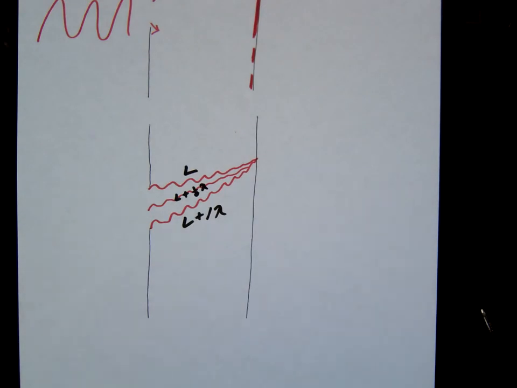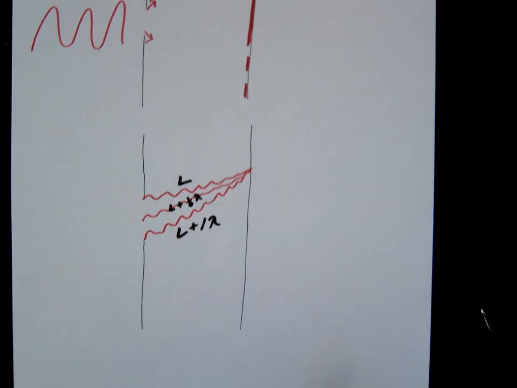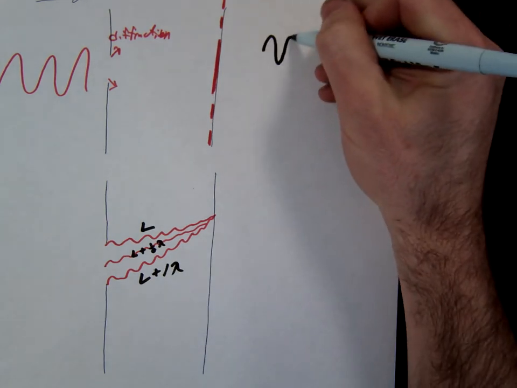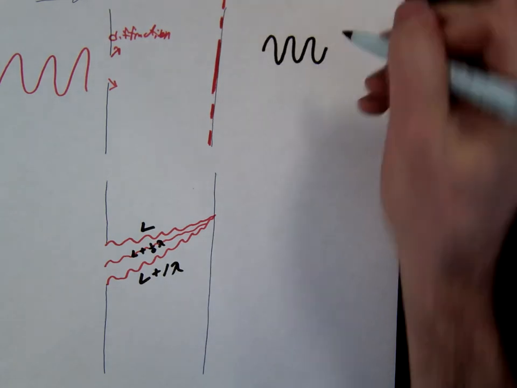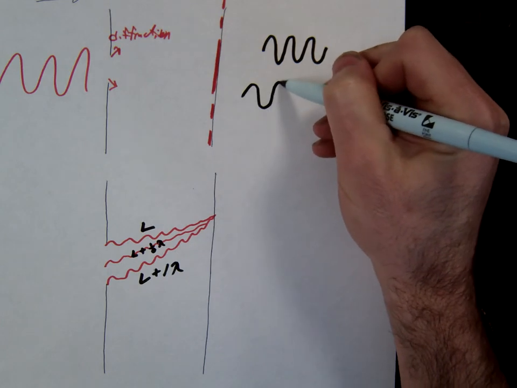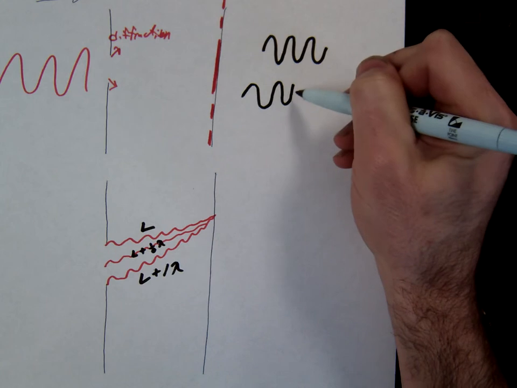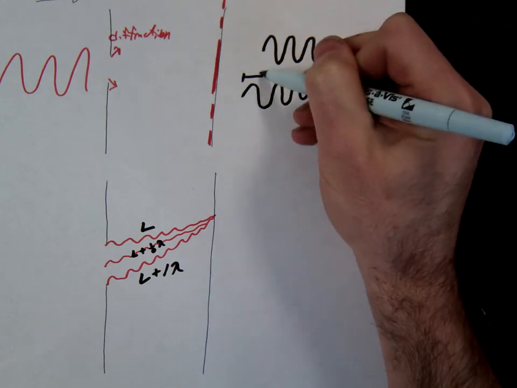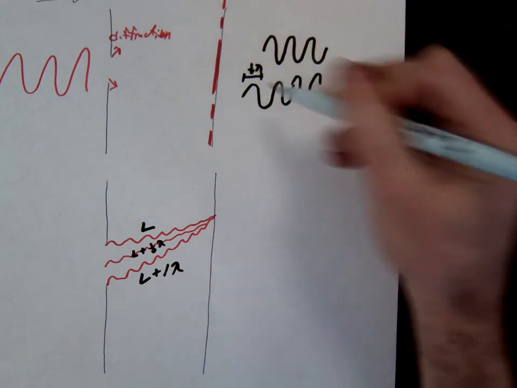Okay? So just recall from concepts of interference, if I have one wave that looks like this, and I have another wave that travels exactly a half, what happens when they come together? So this would be exactly 1/2, right? When they come together, what do you get?